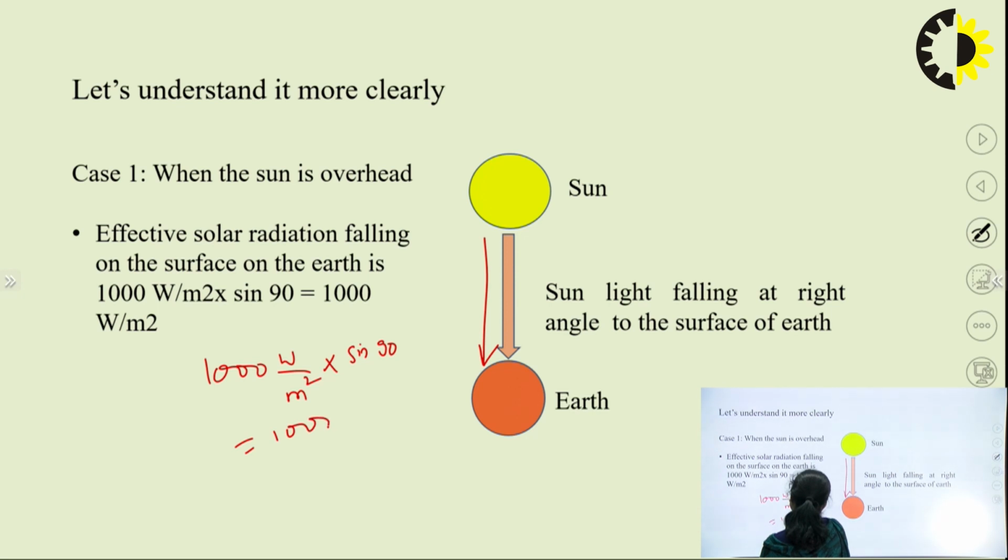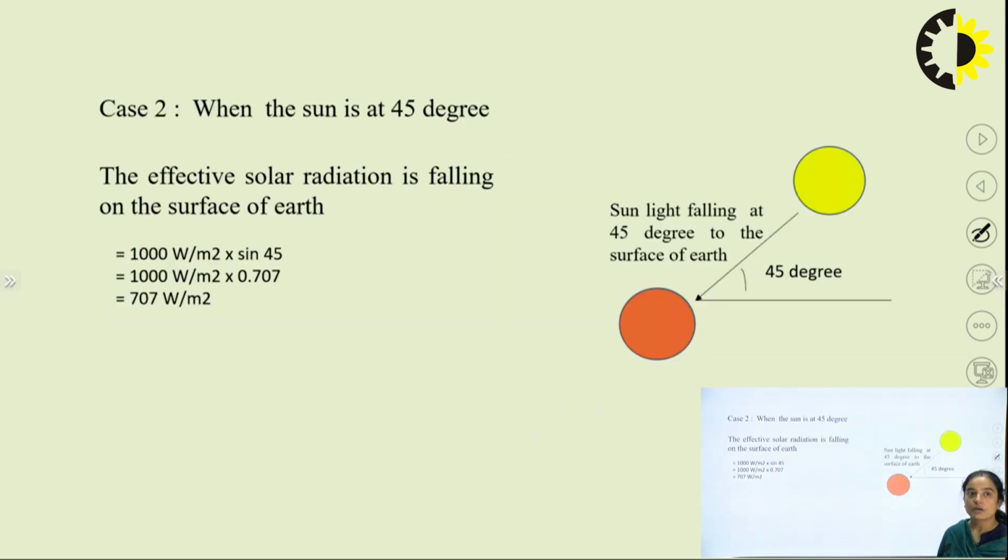That means when sunlight is falling at a right angle to the Earth's surface, we will be receiving more solar radiation. But when sun is at 45°, 1000 watt per meter square into sin 45, we will be receiving only 707 watt per meter square.